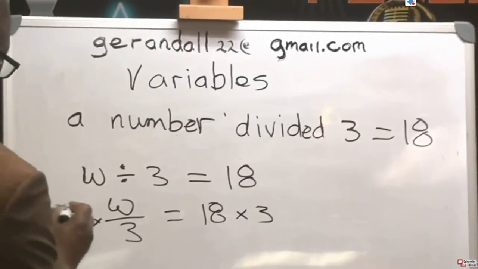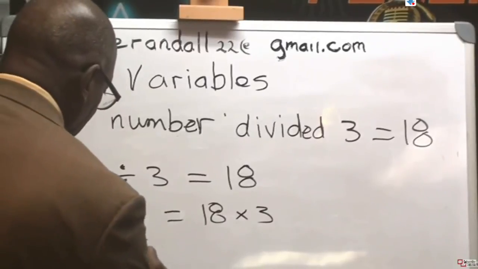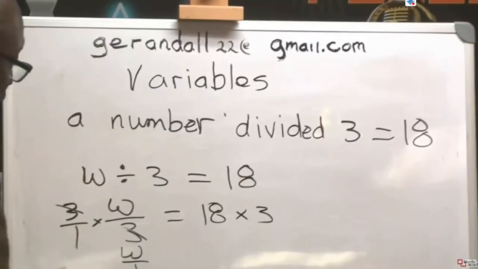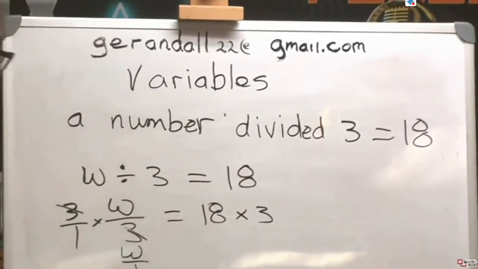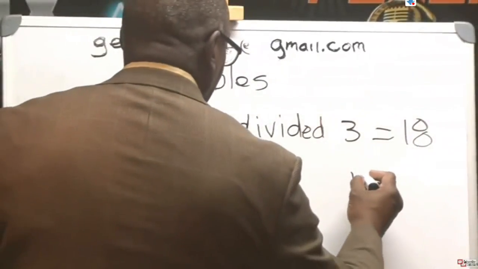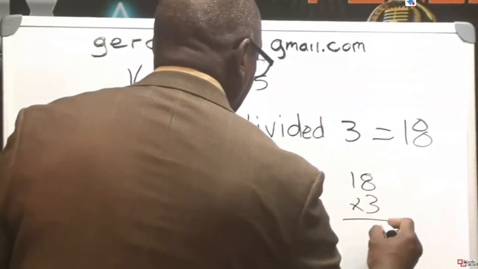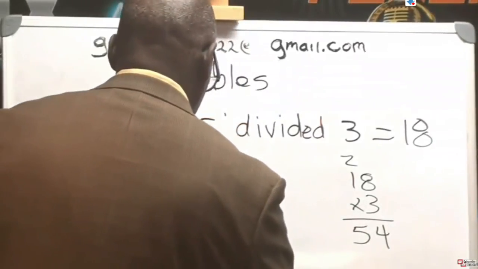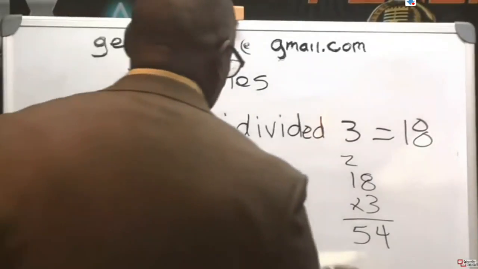Remember our cross multiplication. And you're left with w over 1, which anything divided by 1 is that thing. And that's, in this case, it's w. And then over here, 18 times 3, 54. w equals 54.